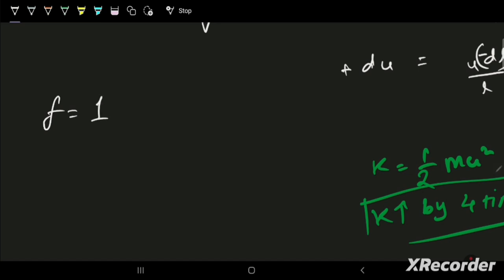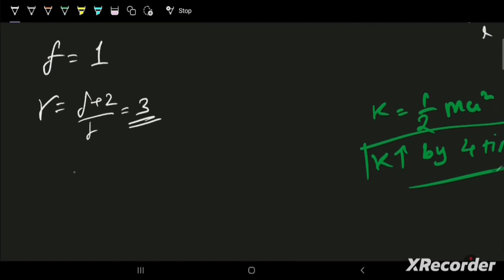In 3D motion it would be 3, but in this case it is constrained to move in a 1D path. That is why the degree of freedom would be 1. Now gamma would be f plus 2 by f, which comes out to be 3.